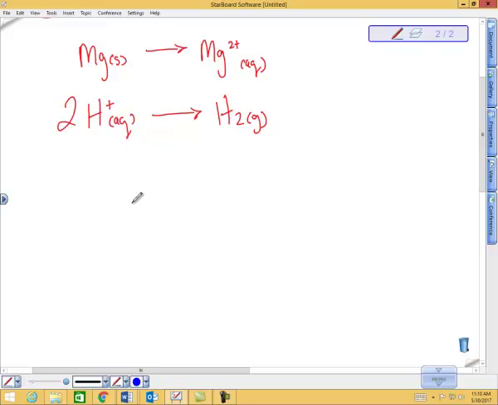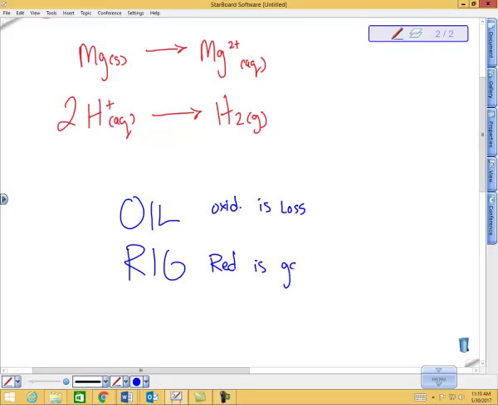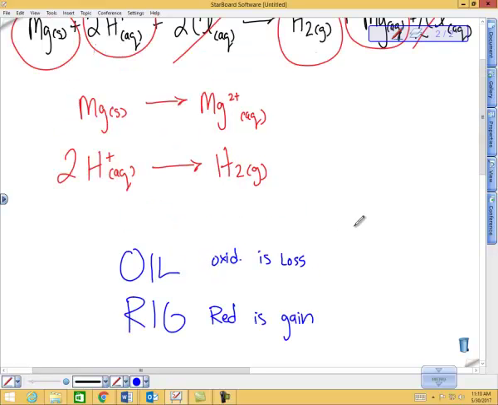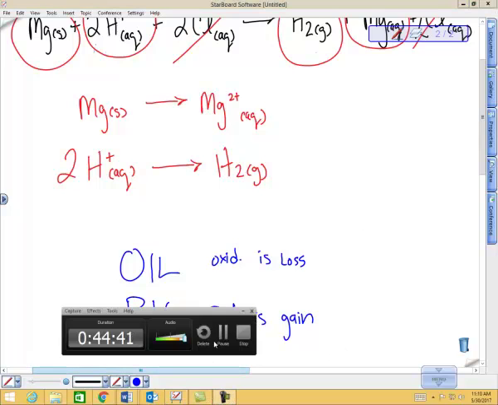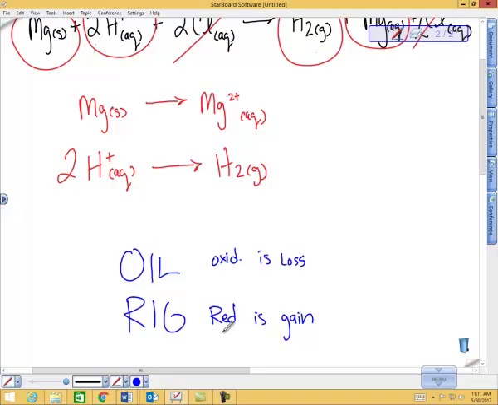So let me help you out. Do you guys remember this cool thing? OIL RIG. This stands for oxidation is loss and reduction is gain. It might be kind of hard at first to figure out which one's which, but I do have some suggestions on how to get started here.